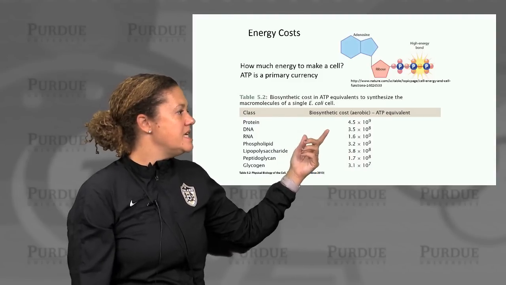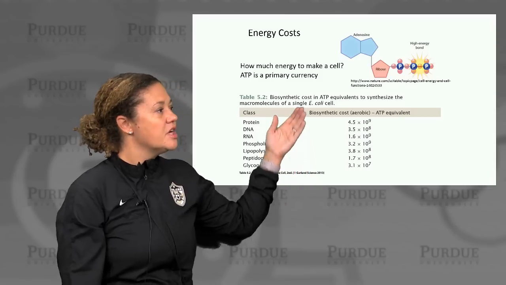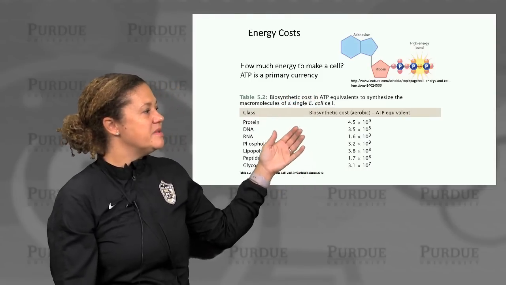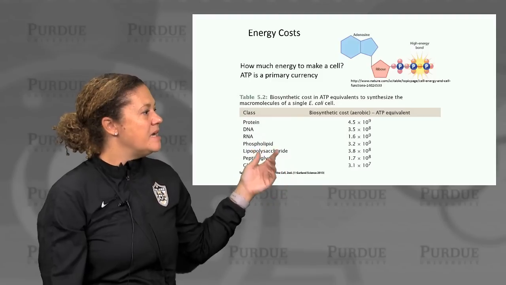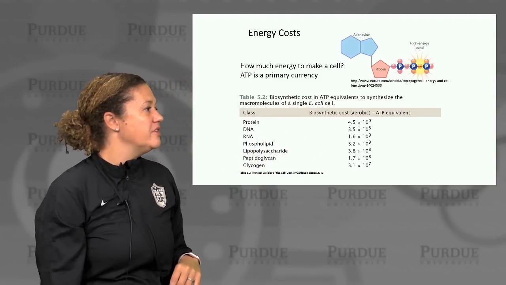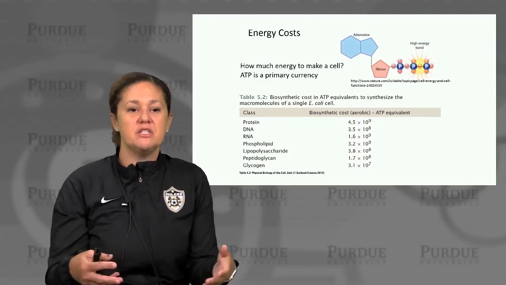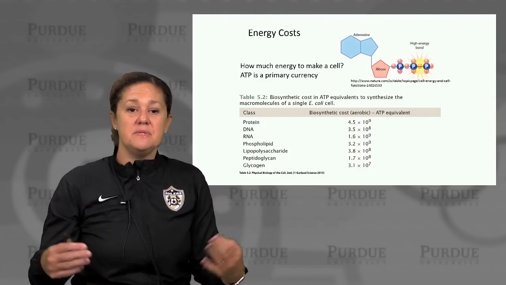For our DNA and for our lipopolysaccharides and others, we have about 10 to the 8. So our estimates here are in the range by type of about 10 to the 7 to 10 to the 9 ATP equivalents. From an engineering standpoint, this tells us how much energy input needs to go into a system to make a new cell.